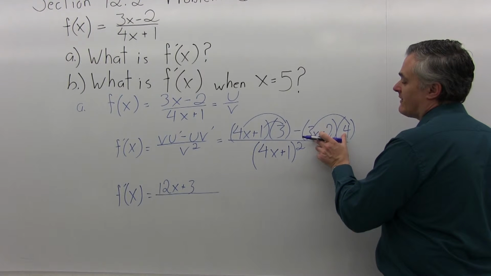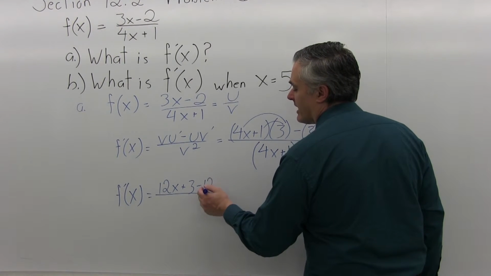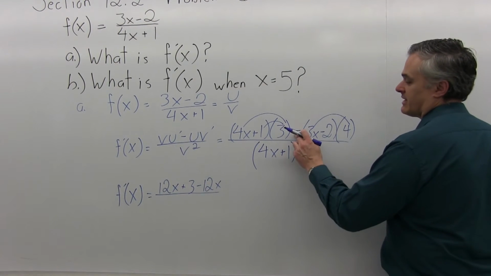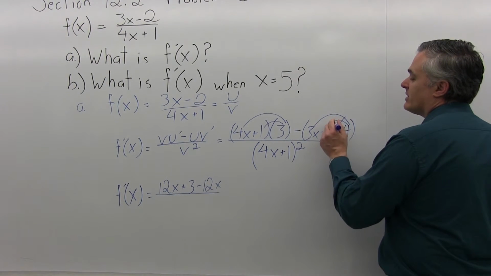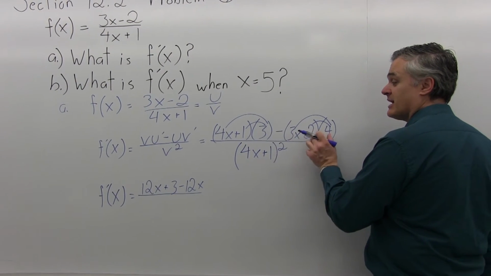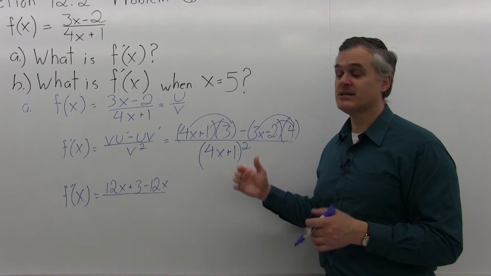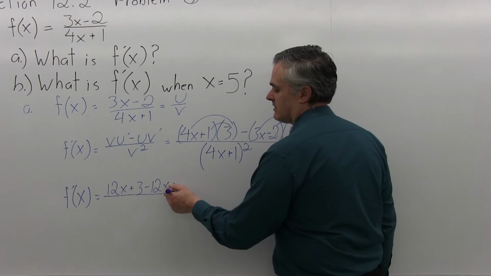That's going to be a 12x. But because I'm subtracting it, it's minus 12x, right, because of the negative in front. Then I have 4 times negative 2. That's minus 8. But again, I'm subtracting it because of the negative in front of the parentheses. So I'm subtracting a negative 8. Minus a minus 8 becomes plus 8.